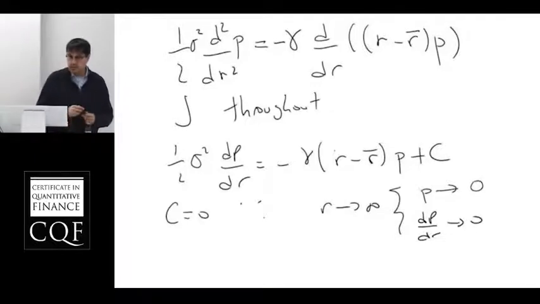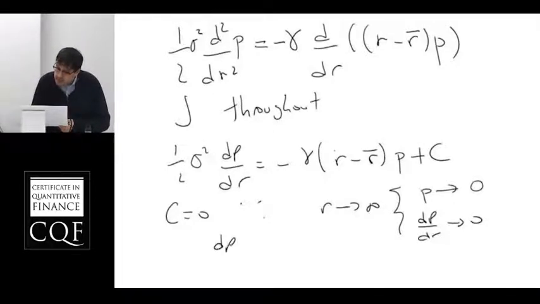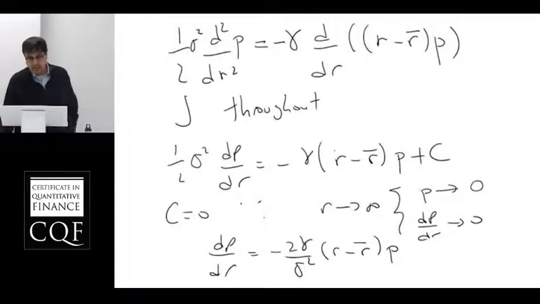So the constant of integration is gone. What do we have next? If I take the thing on the other side, dp by dr is minus 2 gamma over sigma squared, r minus r bar p. That's the resulting equation. The 2 has gone across, and I divide by sigma squared.